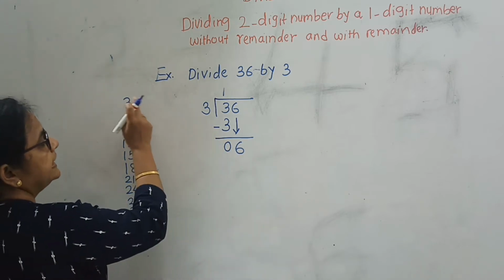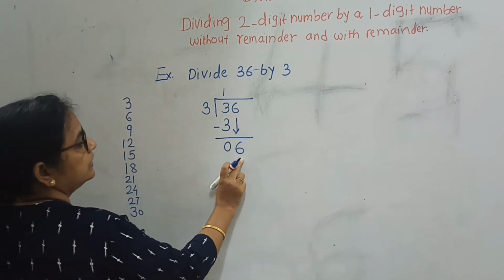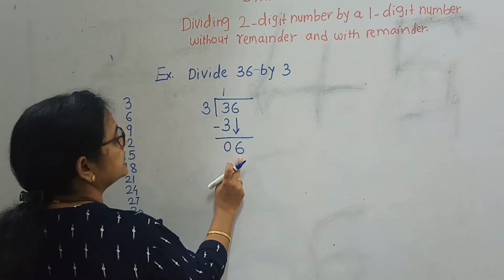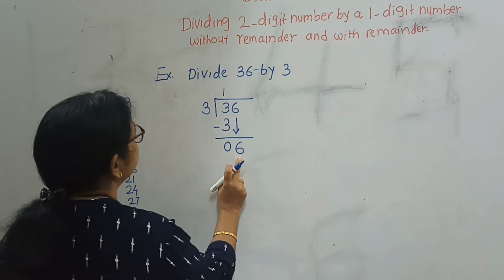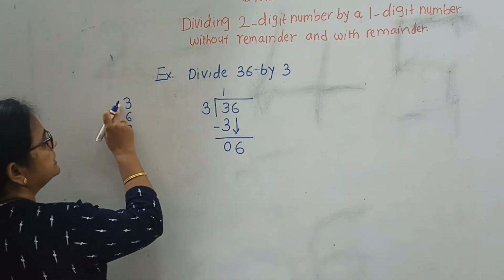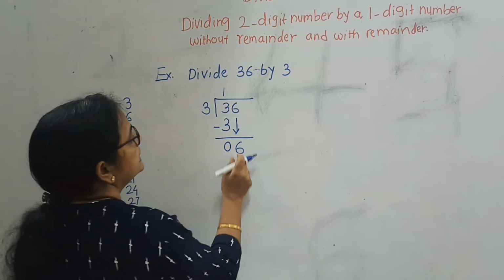Then we take this ones place number. Now we have to recite the table. We get the number 6 or less than 6. So 3 1s are 3, 3 2s are 6.